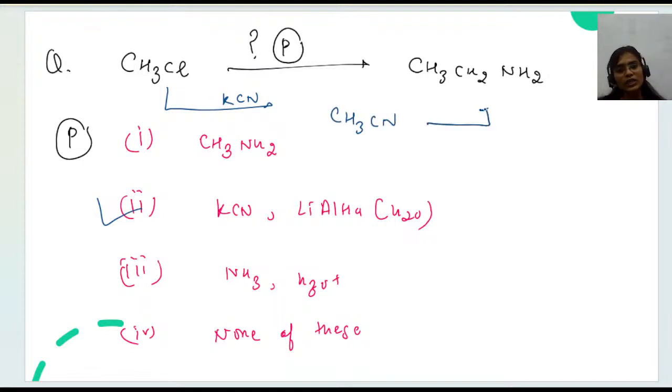And then you can use any kind of reduction we just discussed, that is H2/Pd, or sodium amalgam, or lithium aluminum hydride. According to the option, since we're using lithium aluminum hydride plus hydrolysis as well, option 2 is correct here.